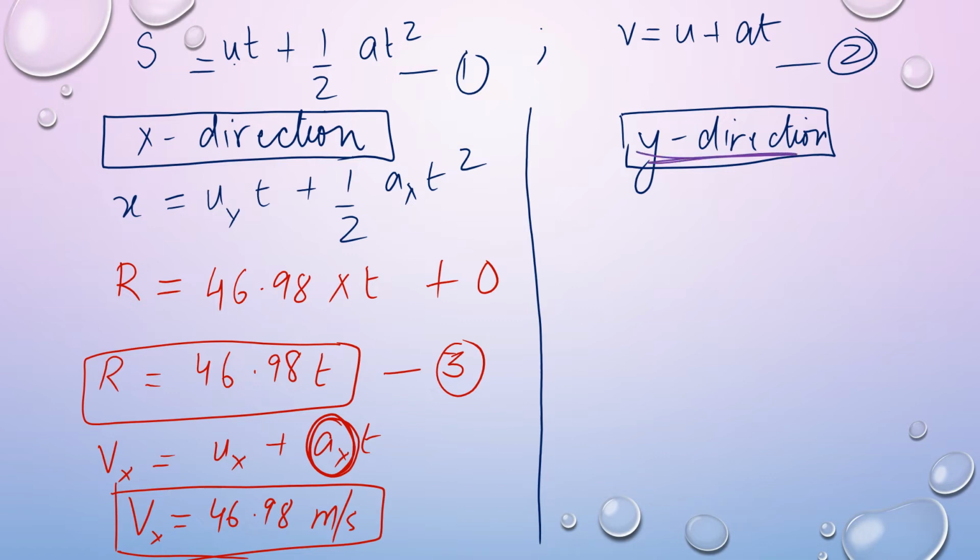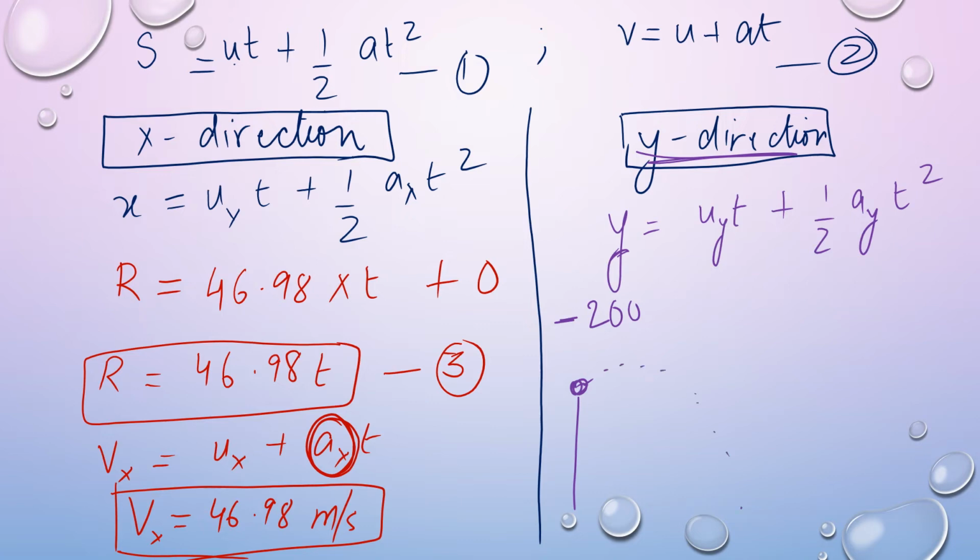Now let's go to the vertical direction. In the vertical direction, y equals uyt plus half ayt squared. Again, t is the time of flight. Now y is negative 200. Why am I taking negative 200? You are standing at this point and you are going to throw it in the upward direction and it follows the parabolic path.